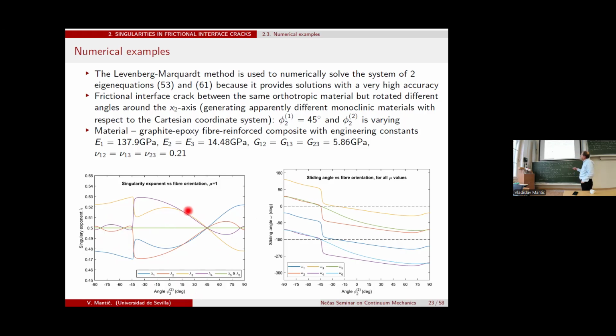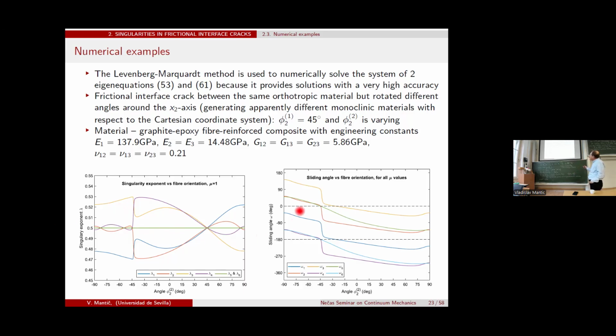Over 1/2, we have lambda values which correspond to weak singularities, and below 1/2, we have so-called strong singularities. We can show in our calculations that the frictional dissipation condition is fulfilled just for lambda higher than or equal to 1/2.